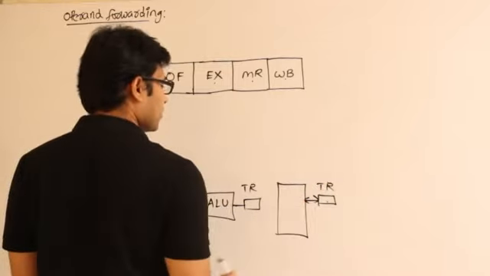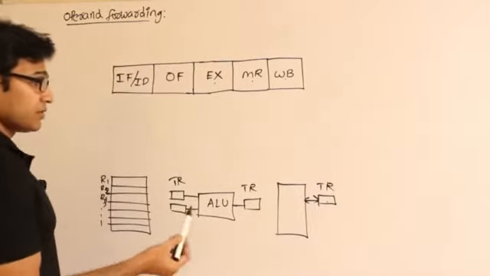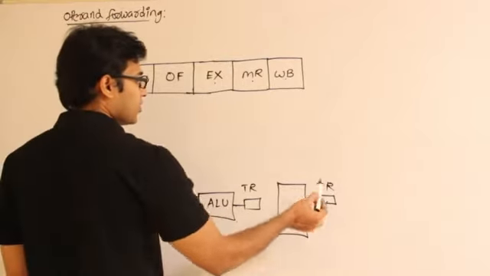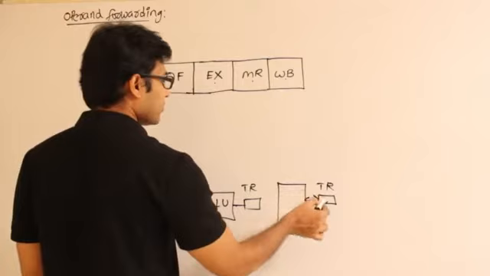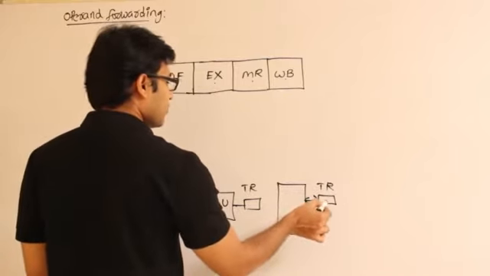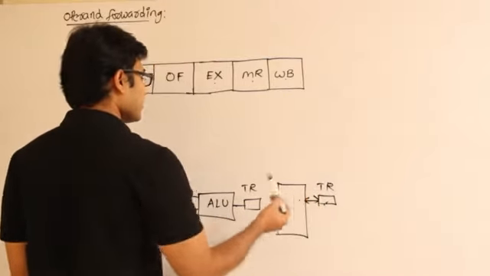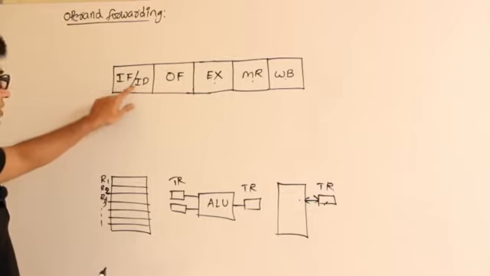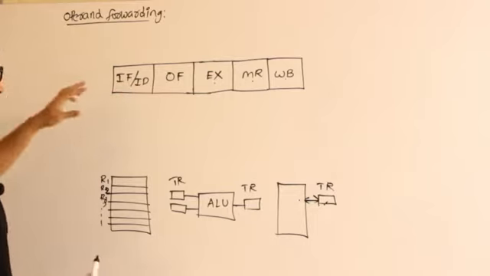Generally this register is also called the memory buffer register, MBR. Whatever has to be read from the memory will be read into this, and whatever has to be written into the memory will be written from this. Now if you observe, in instruction fetching and decoding, you fetch the instruction from the instruction part of the memory.